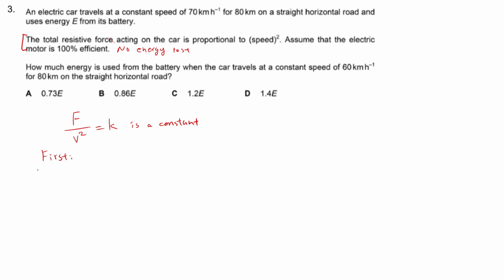In the first situation, we have a speed of 70 kilometers per hour, and we're traveling for a distance of 80 kilometers. And then for the second one, we have a speed of 60 kilometers per hour for a distance of 80 kilometers.